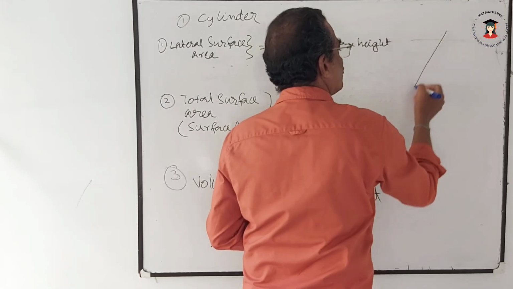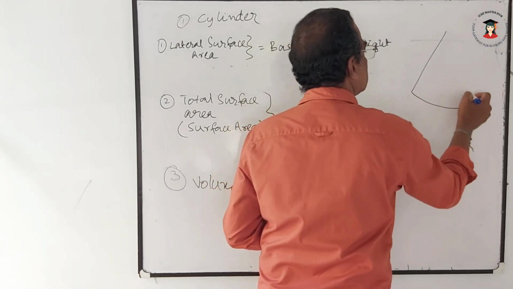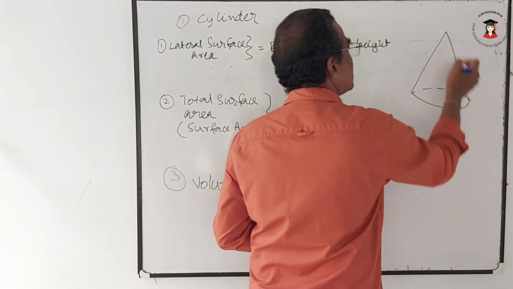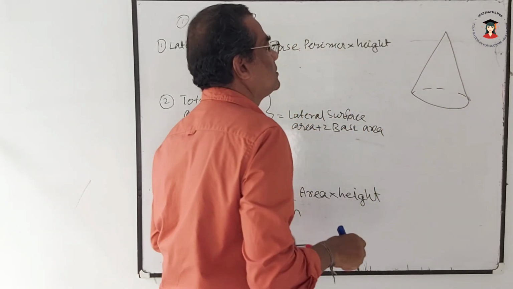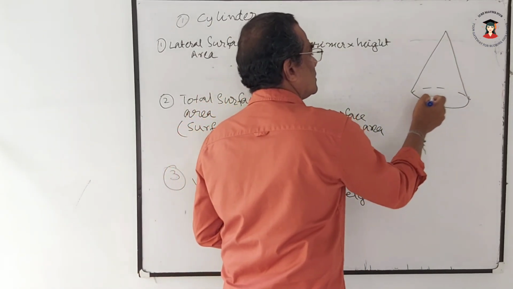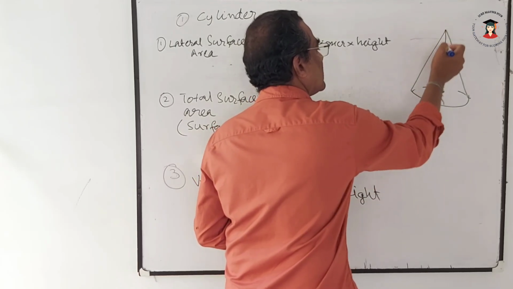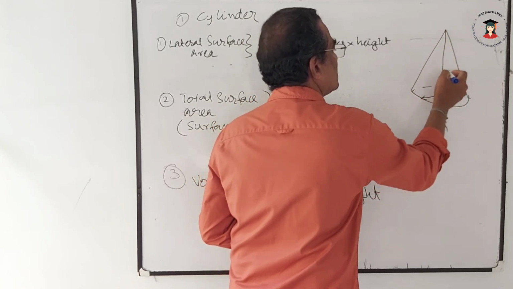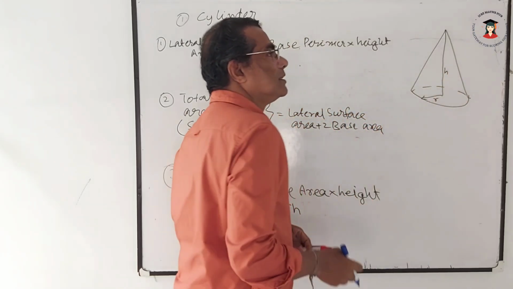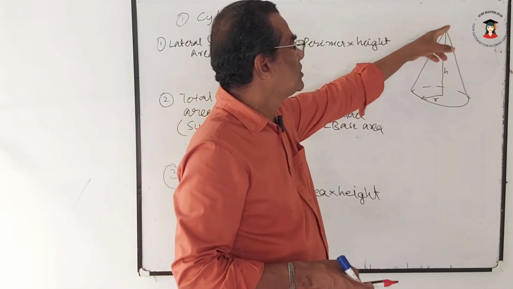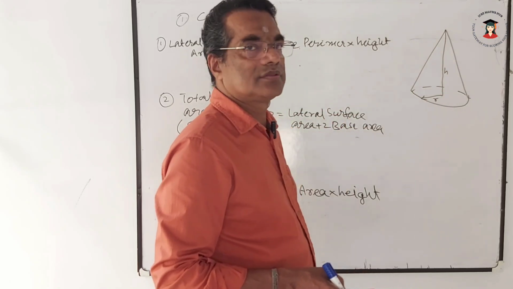Cone: one end is a circle and the other end is a point. Let the radius again be r. And here there are two heights. This height is the height from this point to the base.